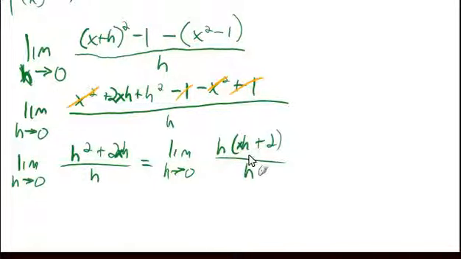This should be 2x when we factor out an h from everything. Alright, my apologies. But now we can cancel out the h's.